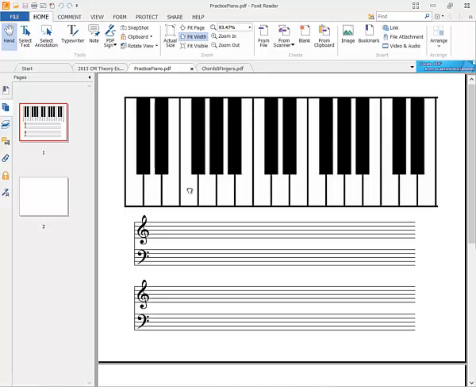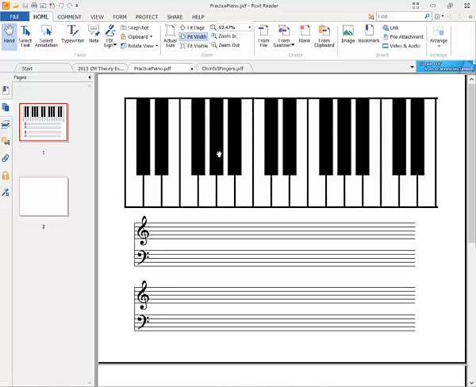So let's put a dot on F and a dot on A flat. Okay, so what we have here is F, 2, 3, 4. Okay, so we get 4. 1, 2, 3, 4. If you get 4, it's minor. So this is F minor.